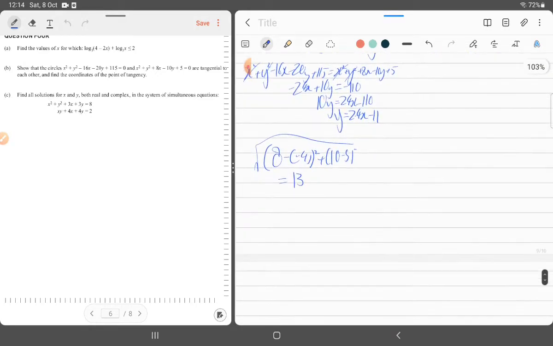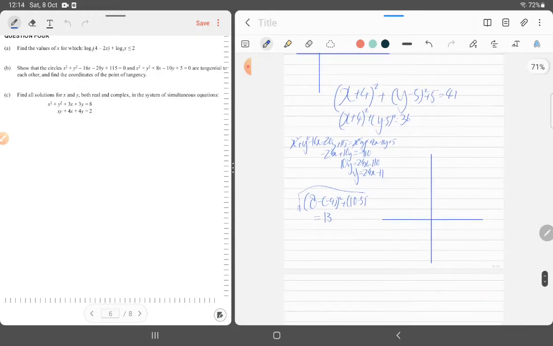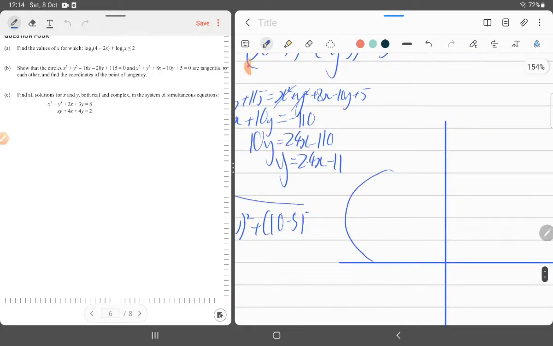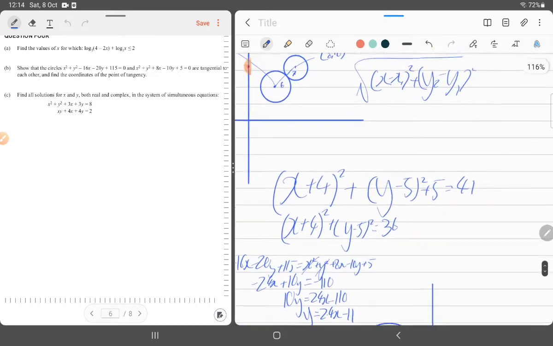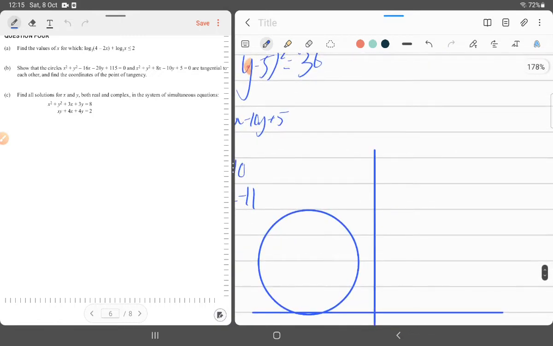Wait, let me just do it more nicely. So one of the circles is here, and the other circle is at 18. So around here. Oh no. Oh wait.